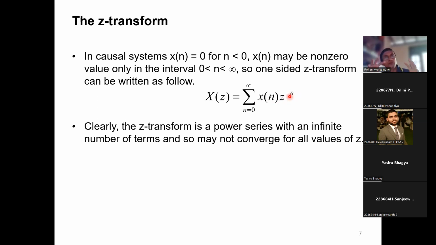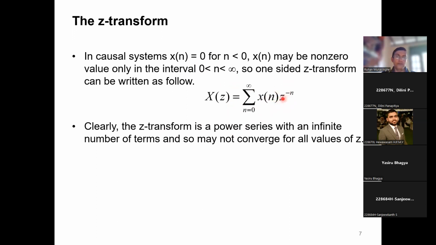So this mathematical operation will give you something, and we call that X(z), the Z transform of the sample sequence. Okay, right. And the last thing I want to tell you right here is that this is a power series, x[n] z to the minus n.